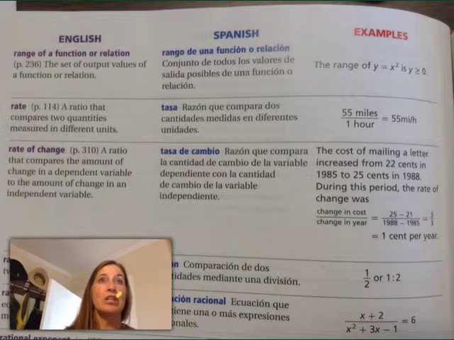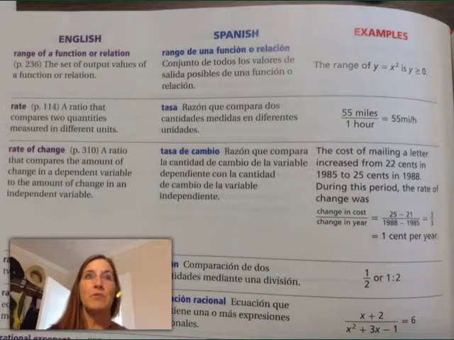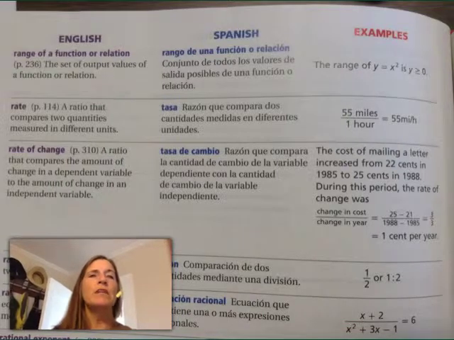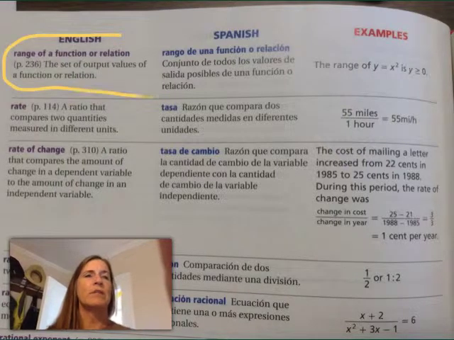The range can be considered an area where you wander. That's why I chose that song for the intro. So the range of a function or relation in algebra is a set of all the output values of a function or relation.